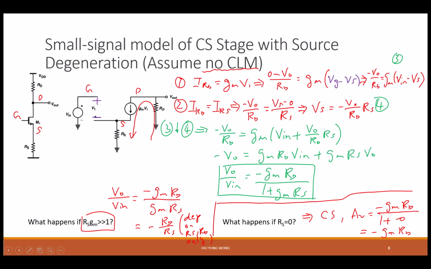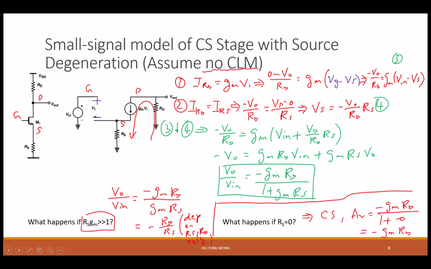Okay, so good. I have this equation and this equation, right? I just combine them. I call this is 3. This is 4, right? So 3 and 4 is going to give me, I just plug in, right? Just math.